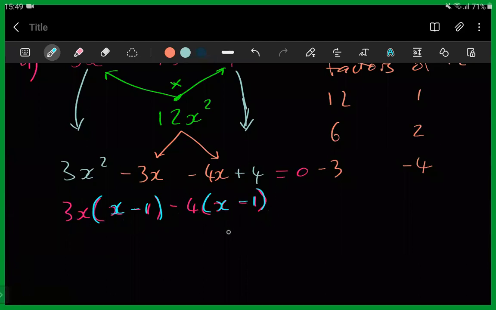Each of them have the bracket x minus 1. You see that? Yeah, so you take that out as a common factor. So taking it out as a common factor, you're gonna have x minus 1, 3x minus 4. Like that.